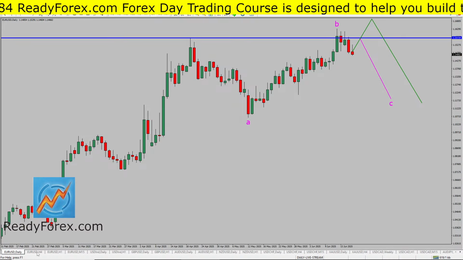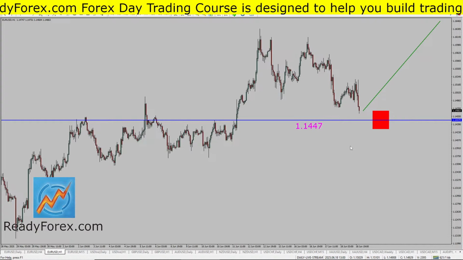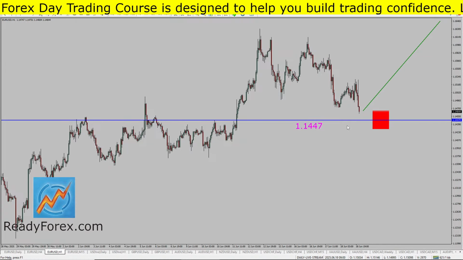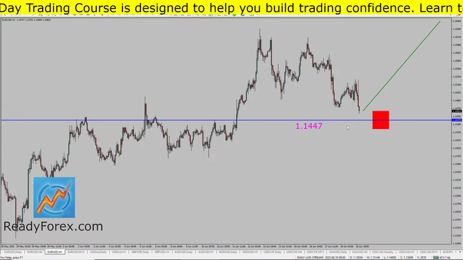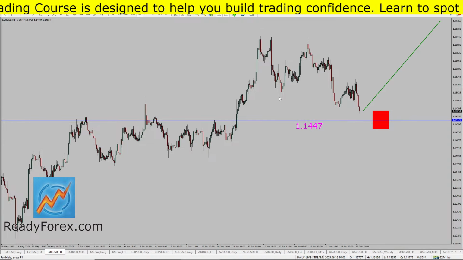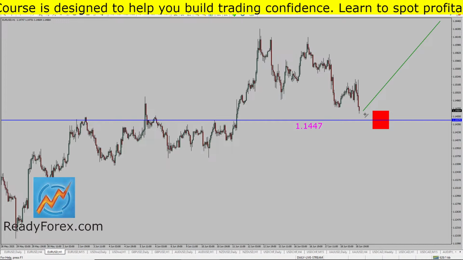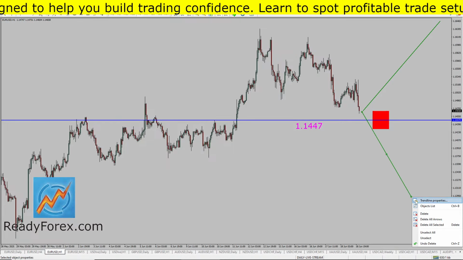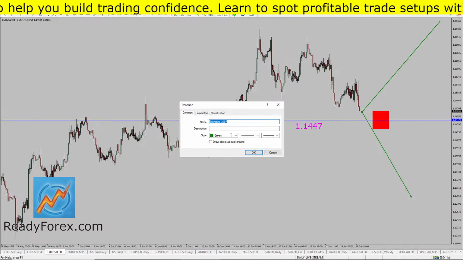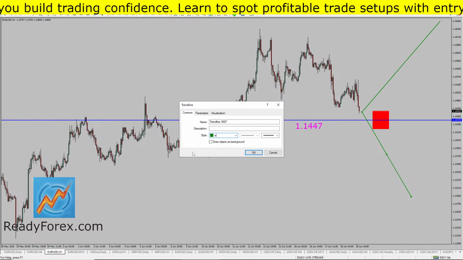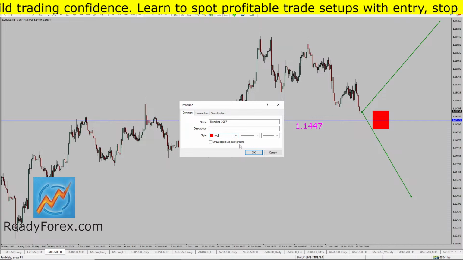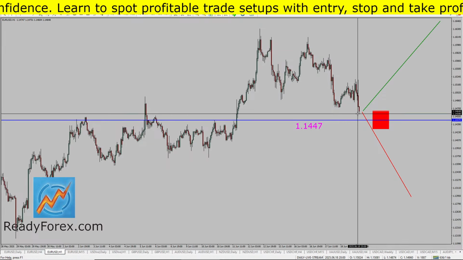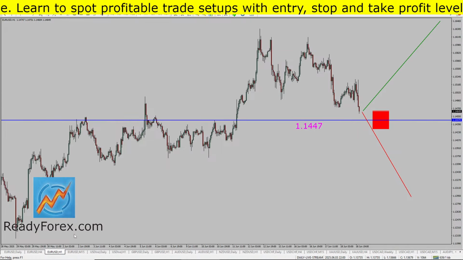So as long as euro dollar is not breaking below the 1.1447 area, we could still get a new bullish leg as well. So a lot of this depends upon the support area which I have just discussed, the 1.1447 support level. Okay, so we will see how it goes.